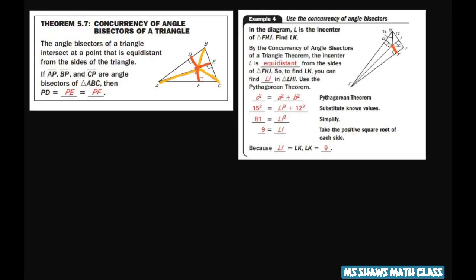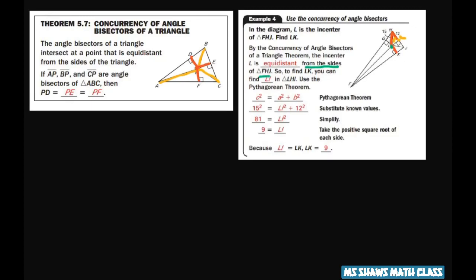So we have this length is 15 and this length is 12, and this is a right angle because L, this is L, is on the point of the angle bisector. So, or L is the incenter. So here's our L. L is right here. Sorry about that. So it's equidistant from all sides of the triangle.